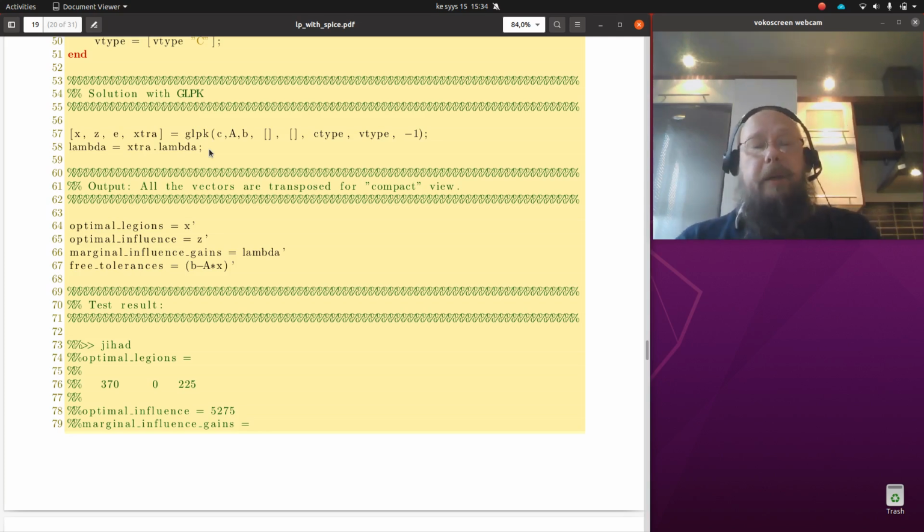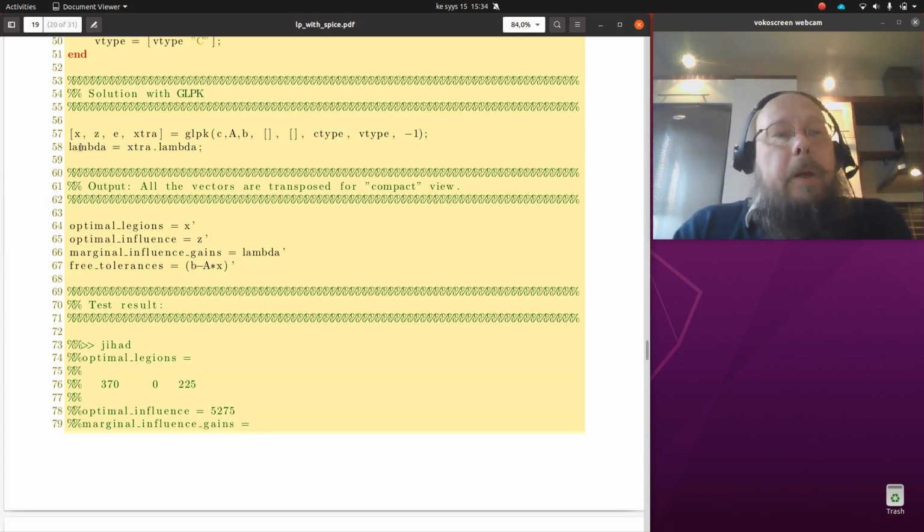And the shadow prices are in the extra field lambda. Since I don't want to write this long, this is just a shorthand notation, so I will make a new variable lambda that will take the vector extra.lambda. This is just to write things shortly.